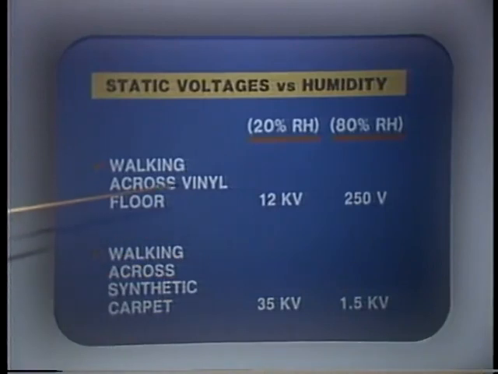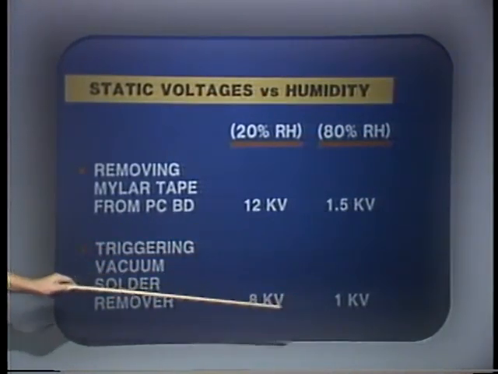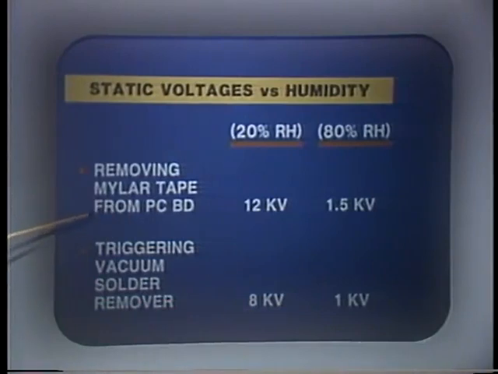You can see that even at an uncomfortable and sticky 80% relative humidity, we still can generate from a few hundred to more than 1,000 volts by ordinary activities of walking around the work area, and similar voltages by activities such as handling plastics or using ungrounded tools.